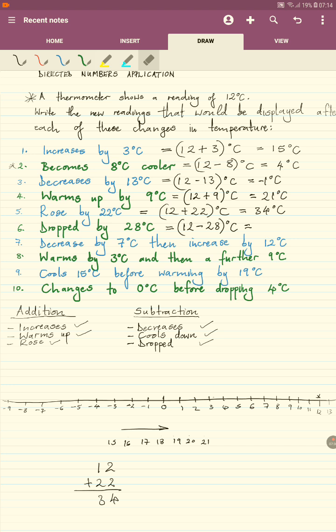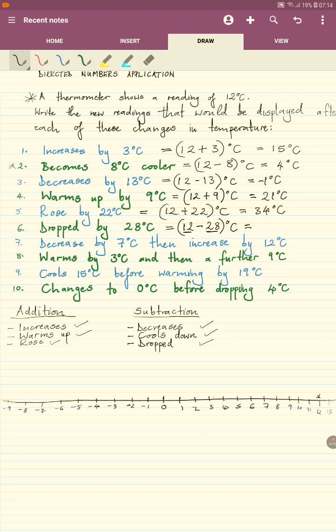This is the other way when you see that the numbers are too big to be written on a number line. Here you're going to realize that 12 is smaller than 28.